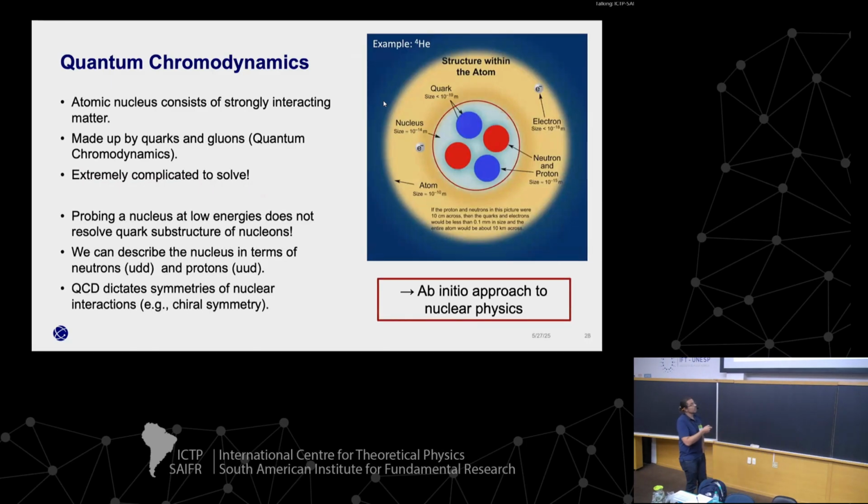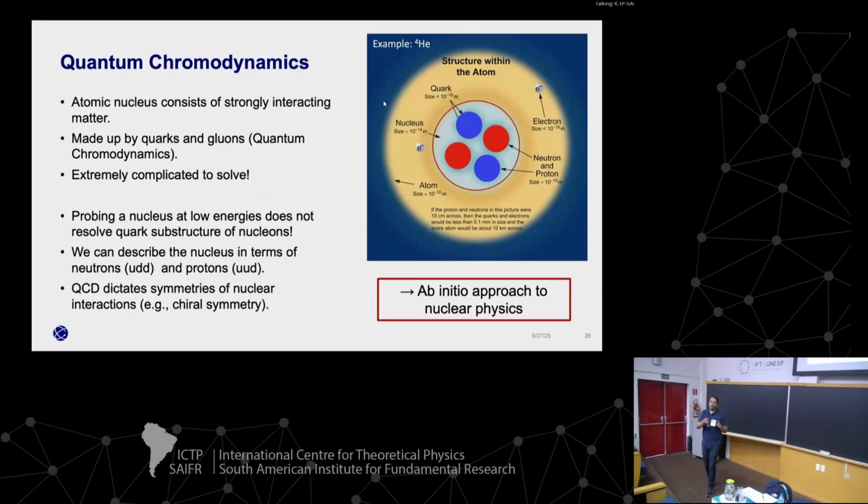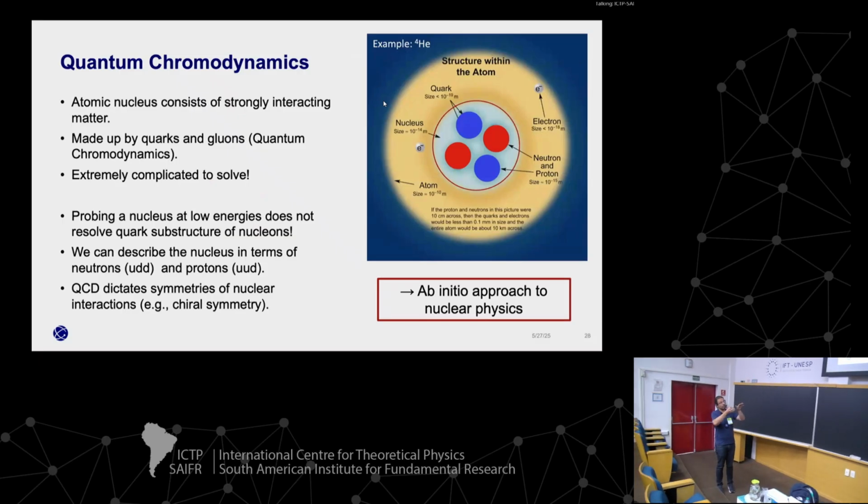But we just assume that we're at low energies and low densities where quarks are confined to neutrons and protons. And then our interactions are between these particles. So we choose effective particles, basically. But the way these particles interact is still dictated by the symmetries of the fundamental theory.